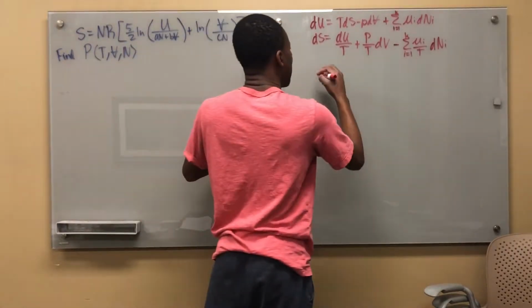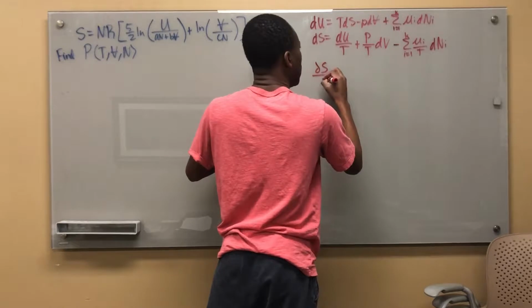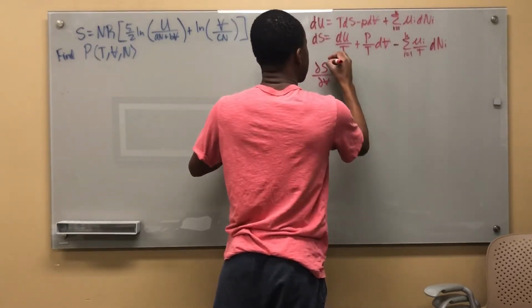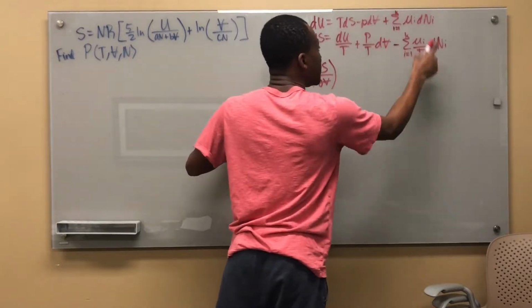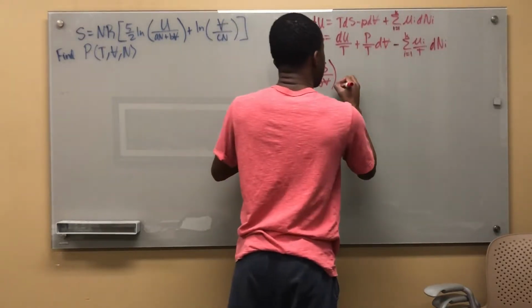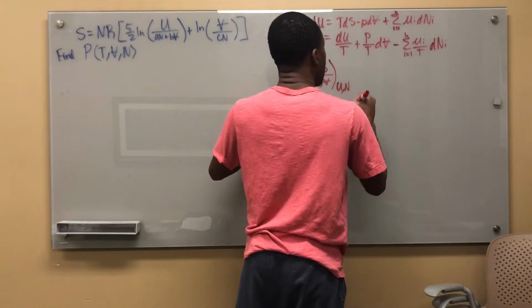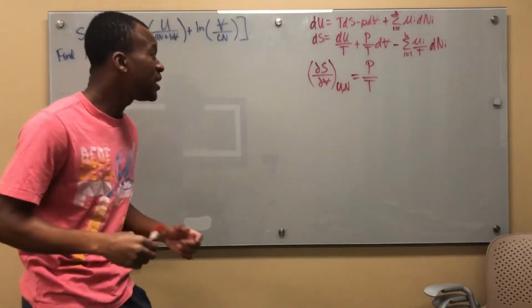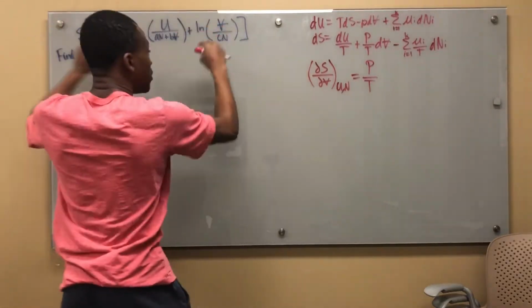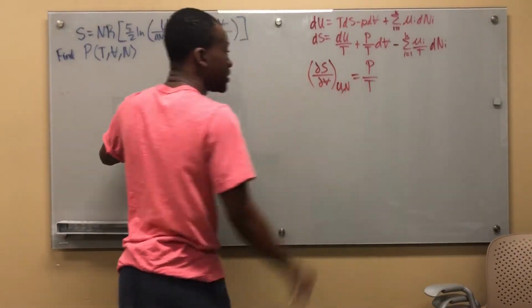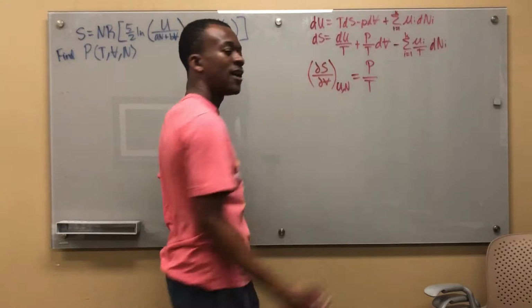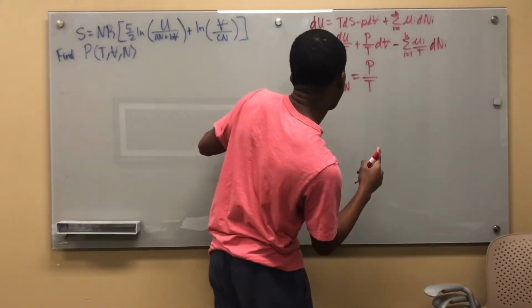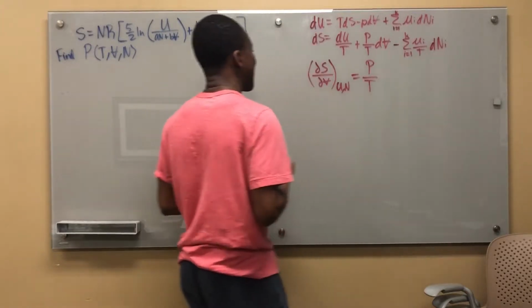So I'm going to say that del S del V, this should actually be capital V, at constant, to make this go to 0 and this go to 0, I have to put it at constant U and at constant N. That whole thing is equal to P over T, meaning that if I differentiate this whole thing with respect to V holding U and N constant and multiply it by T, I'll get P as a function of T, V, and N. Cool.